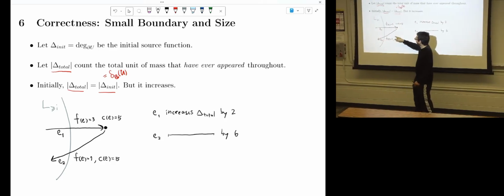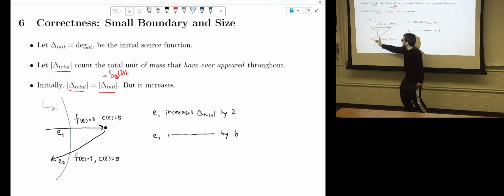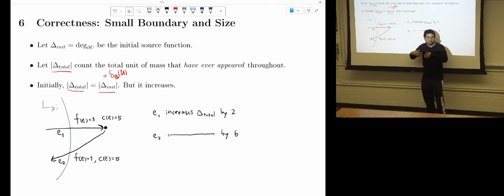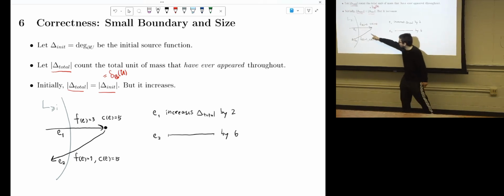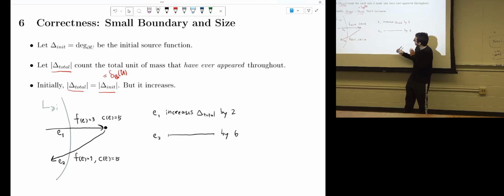How many units of mass do I put here? I need to cancel 1 unit and put 5 more units here. So actually I increase the total source by 6 for this edge. Does it make sense? And this is an important concept that we are keeping track of.